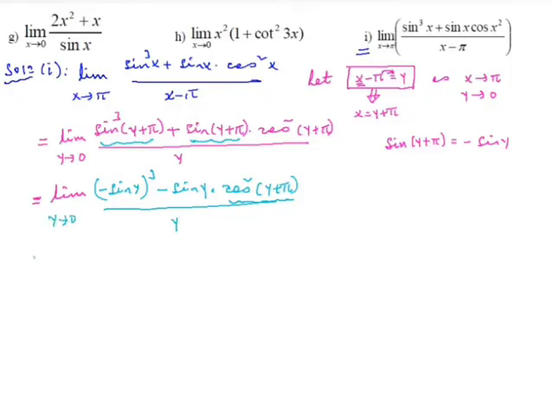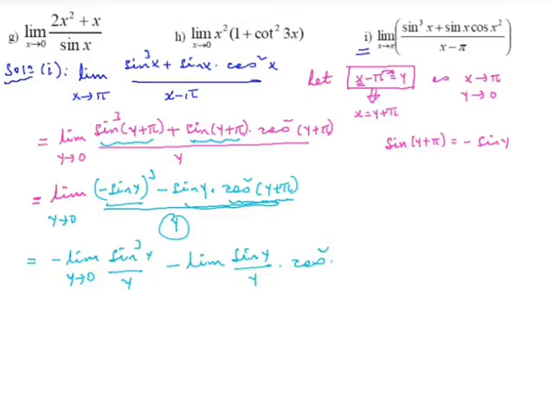So I can rewrite this as minus the limit of sine cube y over y, since y is common for this part and this part, as y approaches 0, then minus the limit of sine y over y times cos square of y plus pi as y approaches 0.